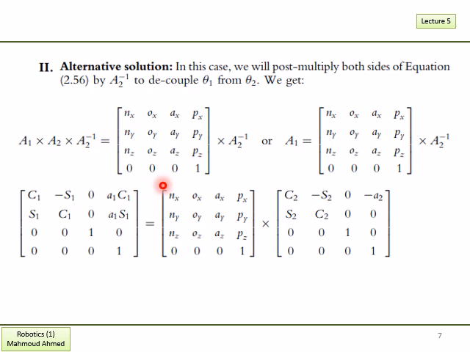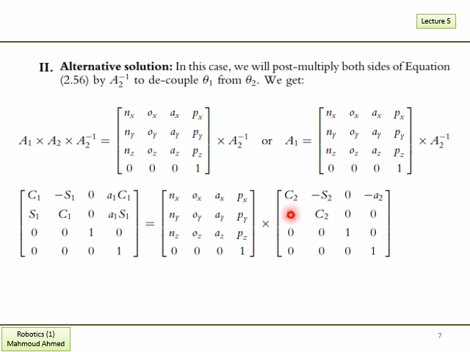In case of more sophisticated robots with more than 2 degrees of freedom, we can use an alternative solution by decoupling the relationship between the angles by multiplying by the inverse. For example, for the same example with 2 degrees of freedom here, in order to get rid of the matrix A2, we multiply by its inverse to get A1 separately.